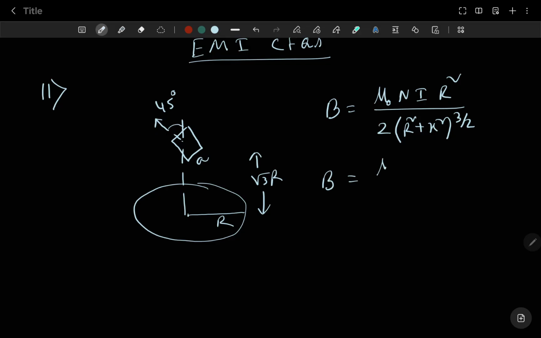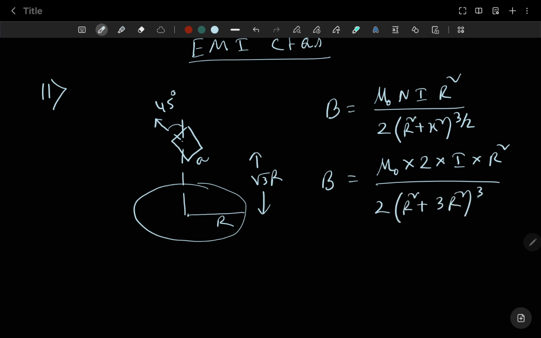So it will be mu naught, now there are two terms, 2 I r square by 2 into r square plus 3 r square to the power 3 by 2. Now 2 and 2 gone, so it is mu naught I r square by 4 r square, so the root is 2r, 8r cube. Okay, so it would become mu naught I by 8r.